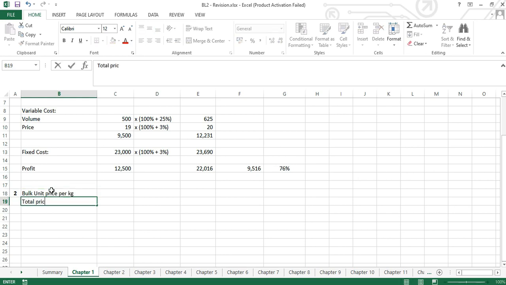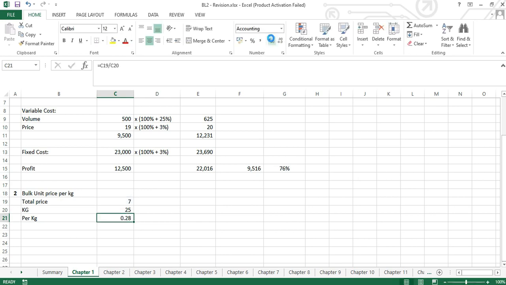Total price is 7, and 7 rupees is for how many kg? 25 kg. So per kg how much? It will be total price divided by 25 kg. We will get the per kg value, which is 0.28.